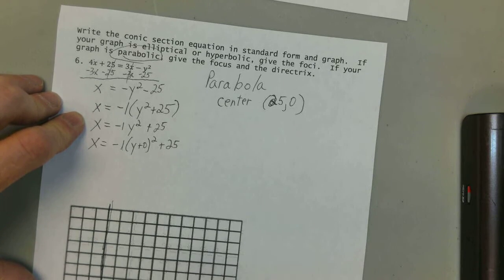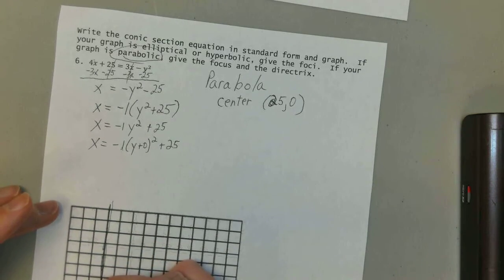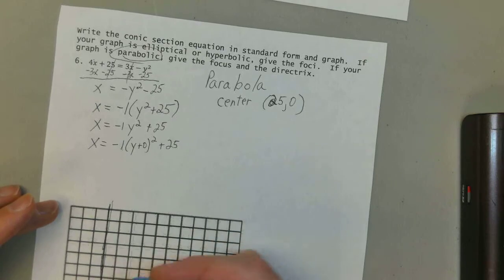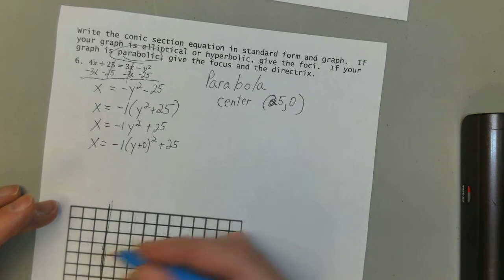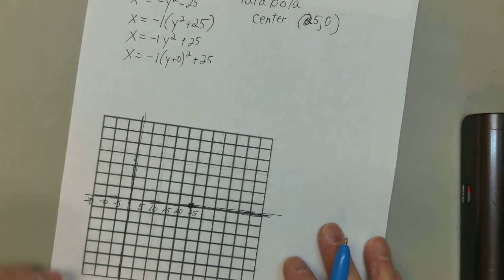I'll scale it by 5s: 5, 10, 15, 20, 25. So I'm putting my center right here, and I know I'm going to be going this way. I can change the scale on this: -5, -10, -15.